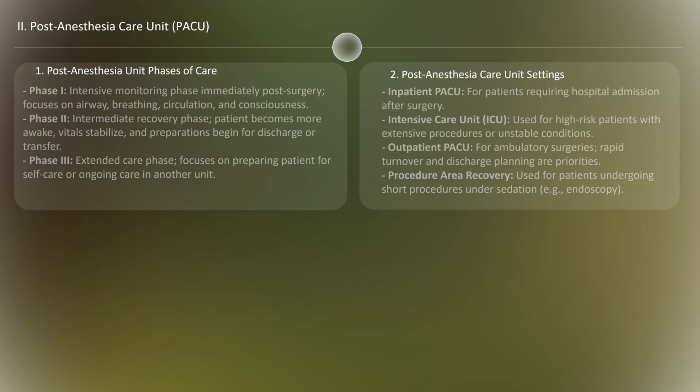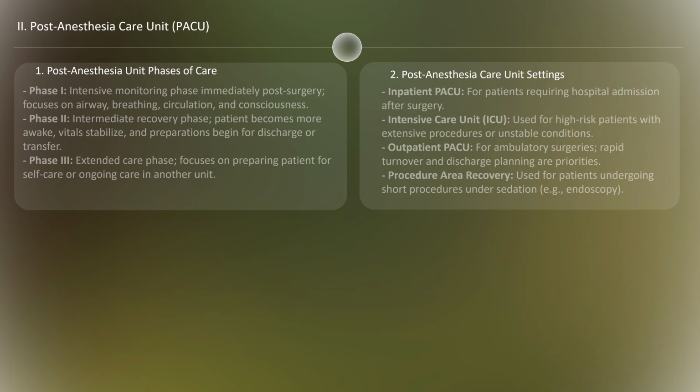Phase 2, immediate recovery phase: the patient becomes more awake, vitals are stable, and preparation begins for discharge or transfer. Transfer meaning it's either for Med-Surg, for instance, or tele. Phase 3, extended care phase, focuses on preparing the patient for self-care or ongoing care in another unit.